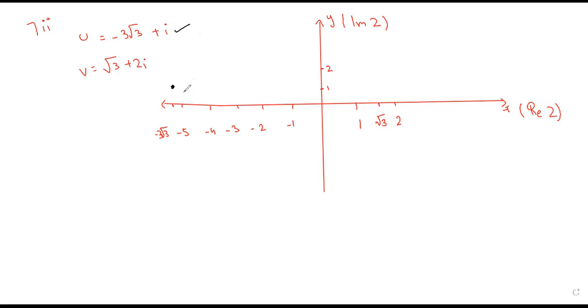And under root 3 plus 2 iota would be somewhere here. So this point was u, so it is A, and this point is B.